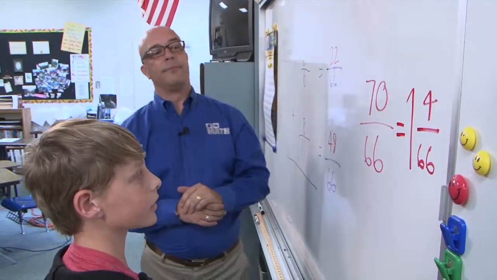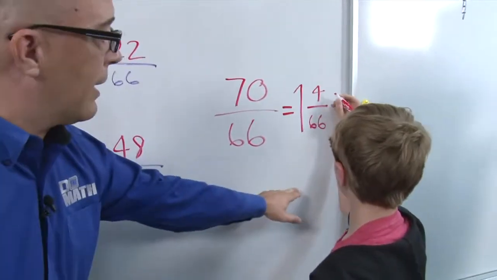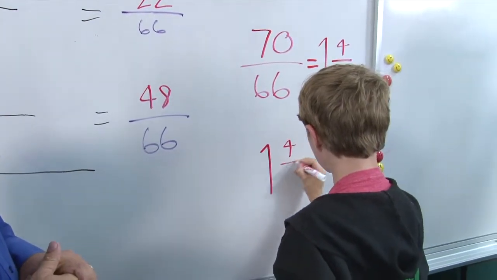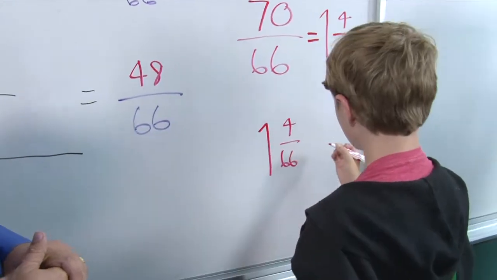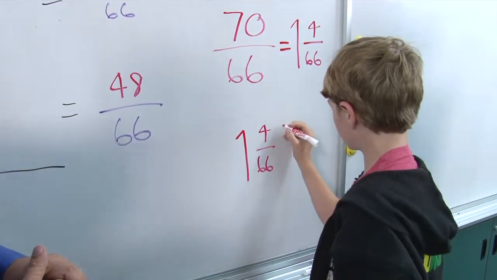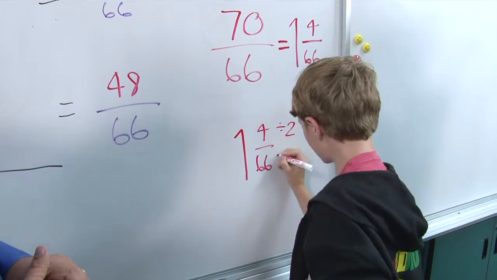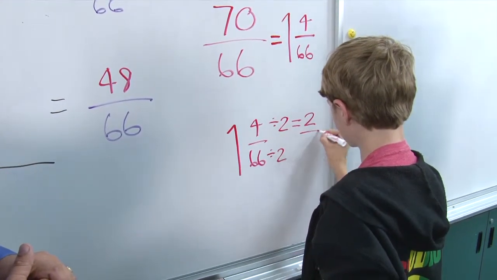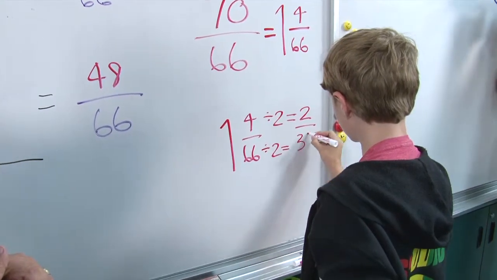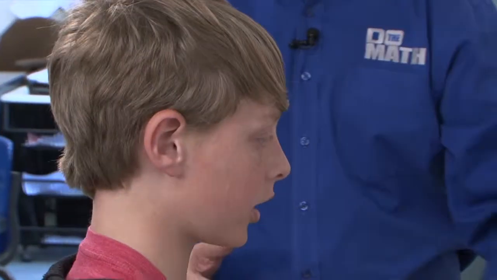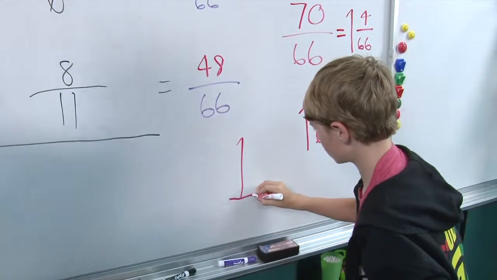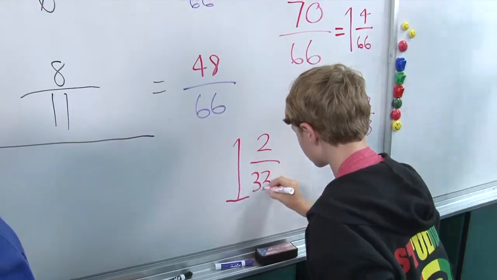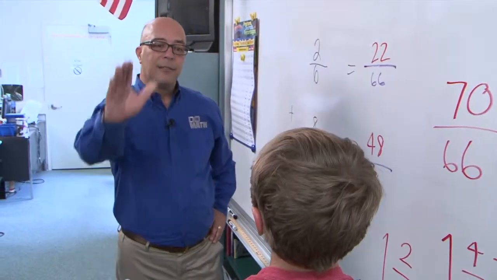Yes, we can. 1 and 4/66. 2 can go into both of those, so that's 2, and that's 33. So what is our final answer? It would be 1 and 2/33. After you simplified everything, Ian, nicely done.